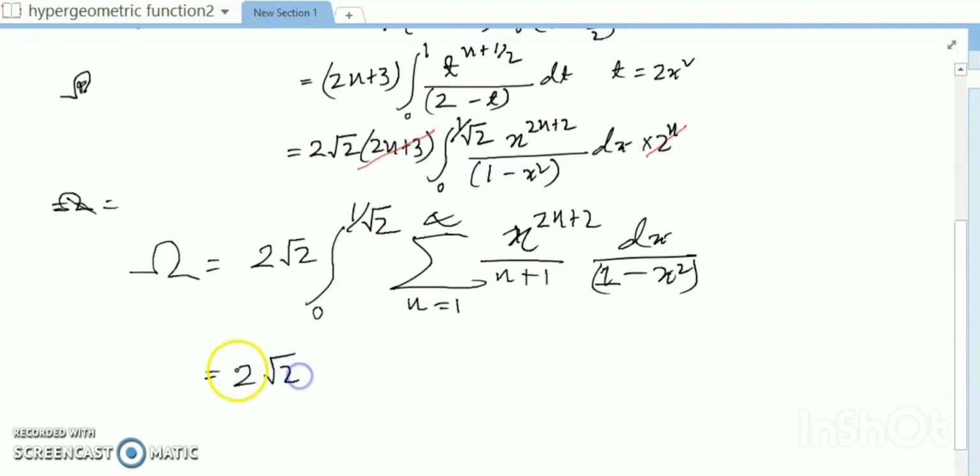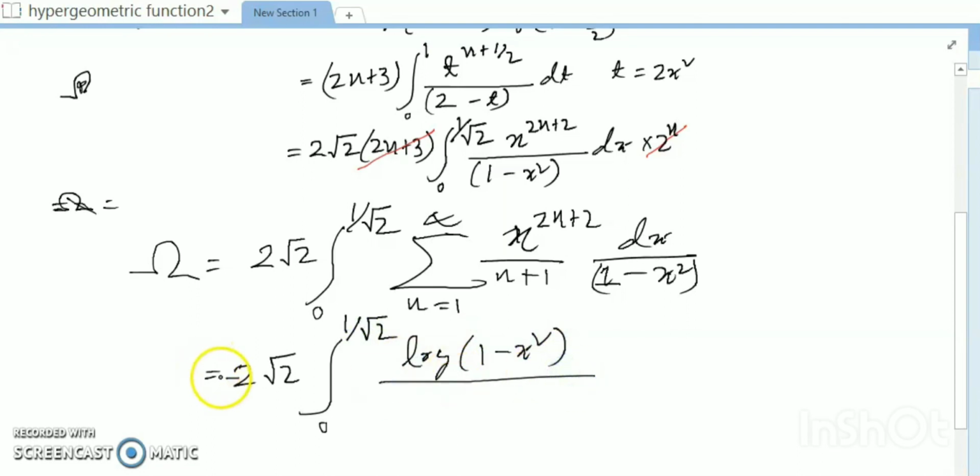So 2 root 2 into this value equals minus, because this value is log of 1 minus x square. So it can be written as the integral from 0 to 1 by root 2 of log (1 minus x square), with minus multiplied, and 1 minus x square, dx. I hope it is clear.